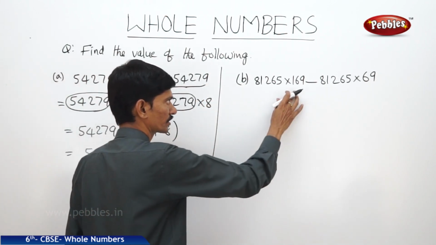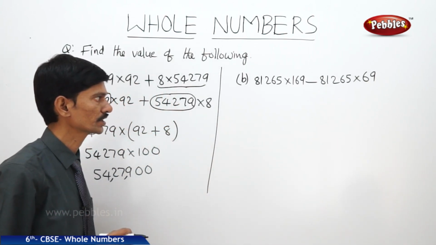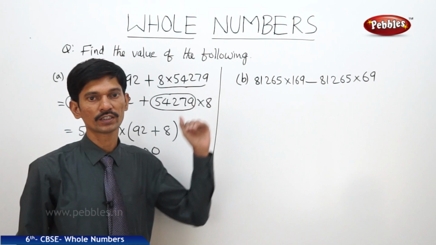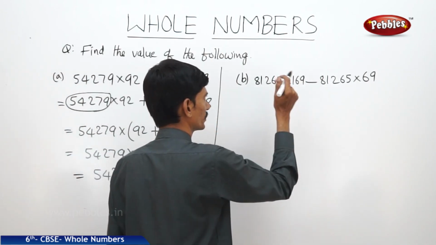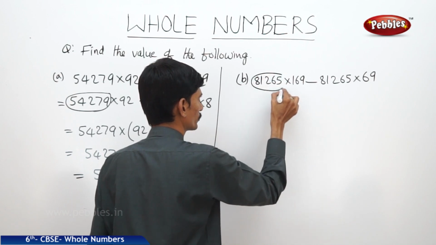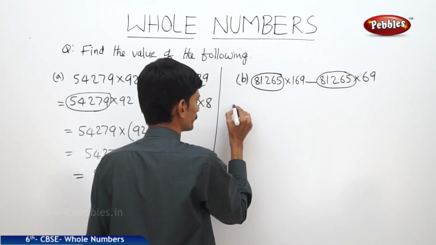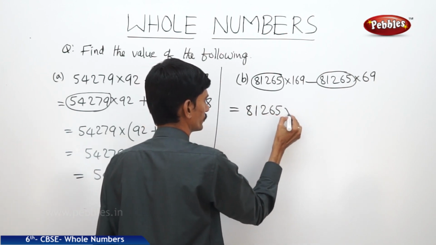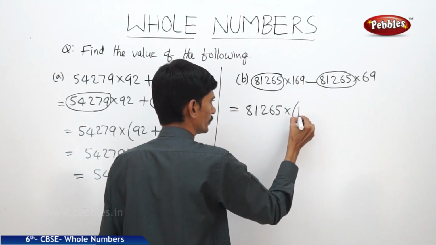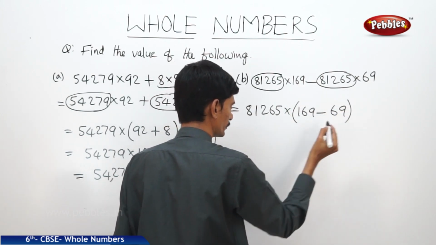81,265 into 169 minus 81,265 into 69. So here we can use the distributive property of multiplication over subtraction. So if you take 81,265 common, then we get 81,265 into 169 minus 69.